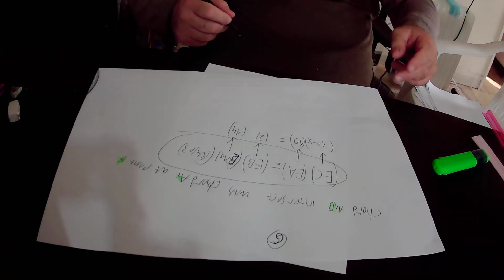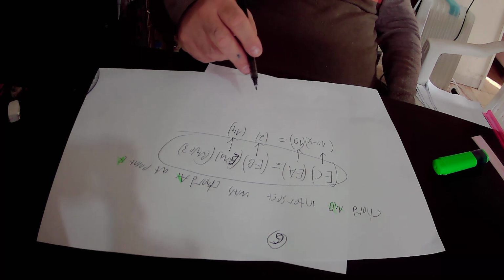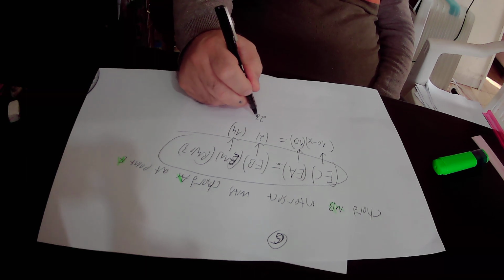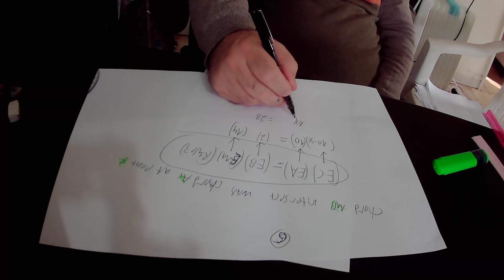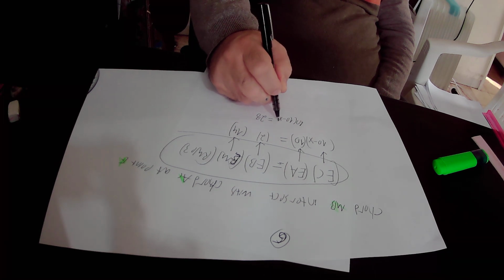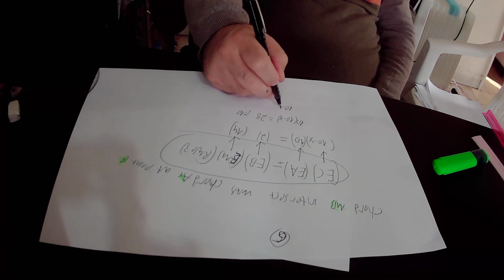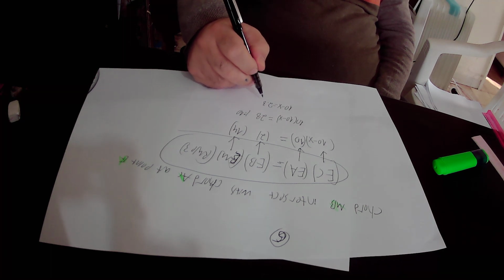So in conclusion, we found out that 10 minus x times 10 equals 2 times 14. 2 times 14 is 28, and 28 equals 10 times 10 minus x. Here we'll divide this equation by 10, and we'll get that 10 minus x equals 28 over 10, which is 2.8.